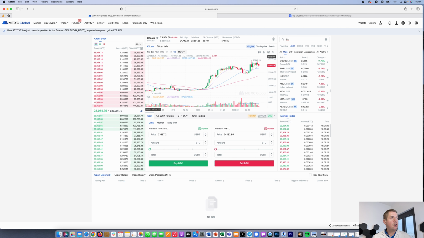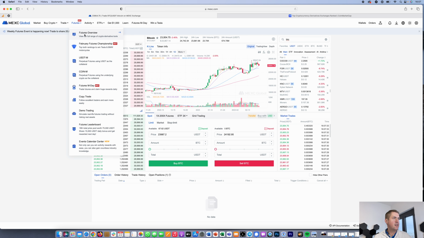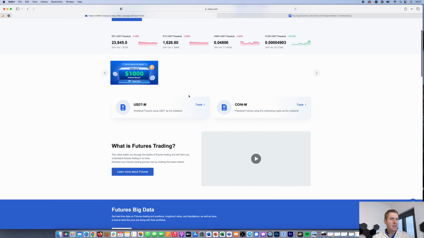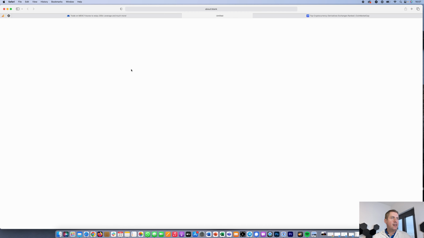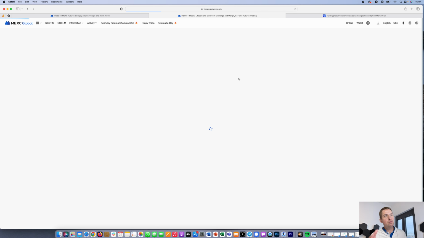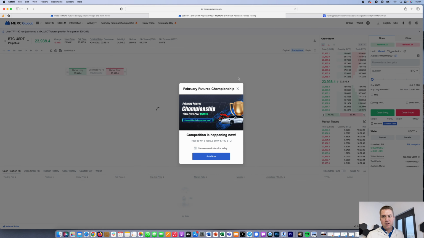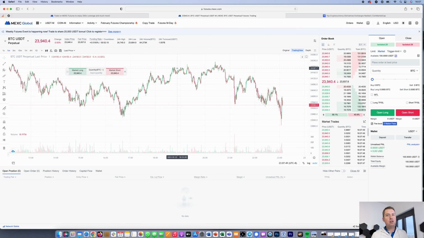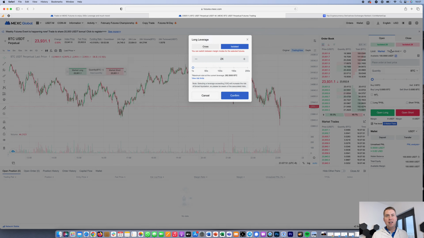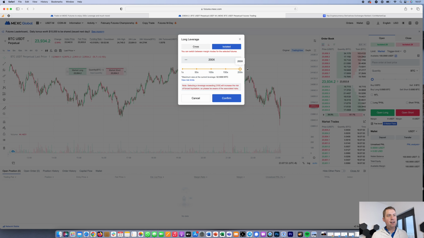So let's have a look at the futures. Futures is a way for you to either go long a cryptocurrency or short it and trade with leverage. Especially if you are trading Bitcoin, you can use up to 200x leverage.